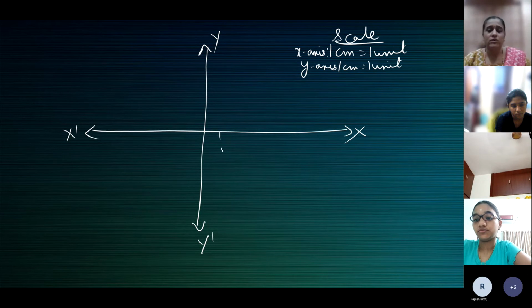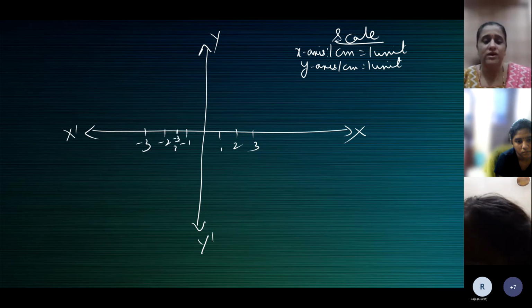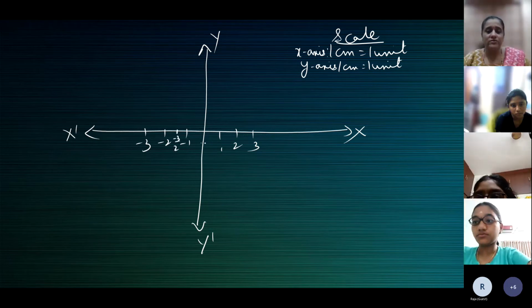Then 1, 2, 3 and all that, -1, -2, -3. So here is -3 by 2, 1.5. And -1, -2, -3, -4, -5, and 1, 2, 3, 4, 5.